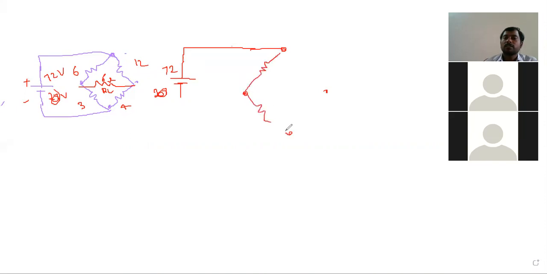I'm writing the circuit as it is. I should open this resistor only, because this is RL, which is equal to the 6 ohm resistor. Between these two, I should find the VThevenin.